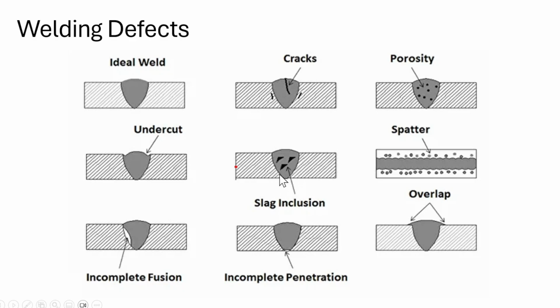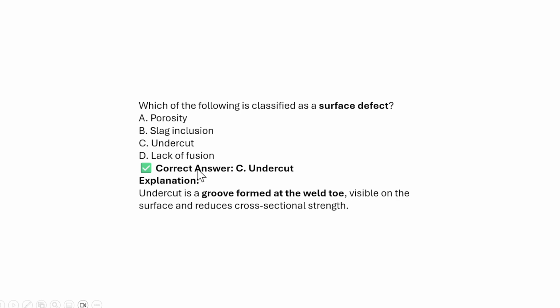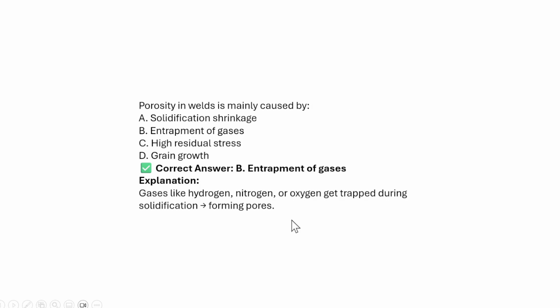Similarly, slag inclusion and incomplete fusion are not visible, but undercut we can see from the surface, so it will be a surface defect. So porosity not, slag inclusion not, lack of fusion not, so it will be the undercut. Undercut is the groove formed at the weld toe, visible on the surface and reduces the cross sectional strength.